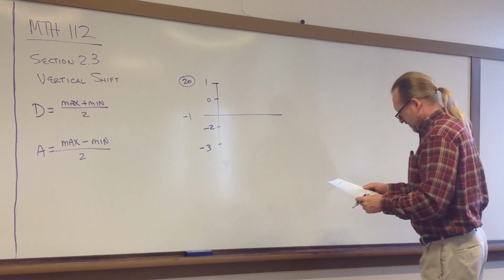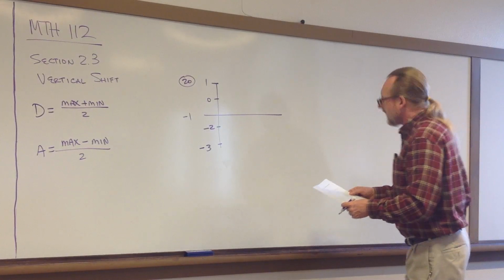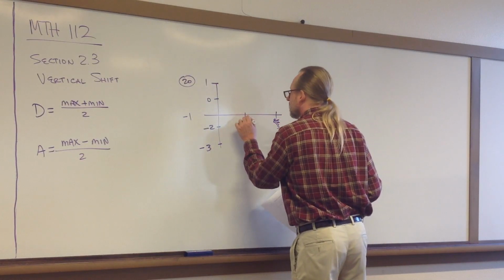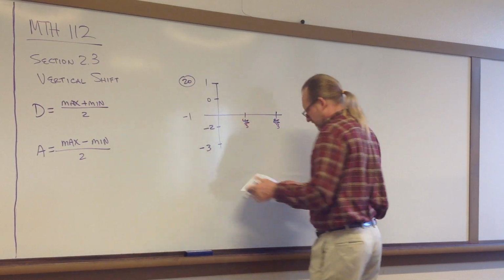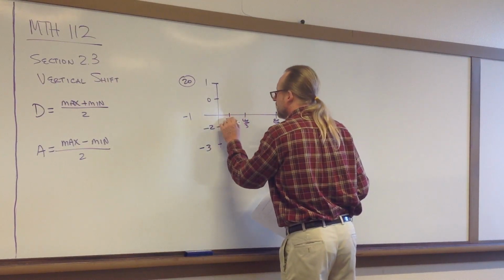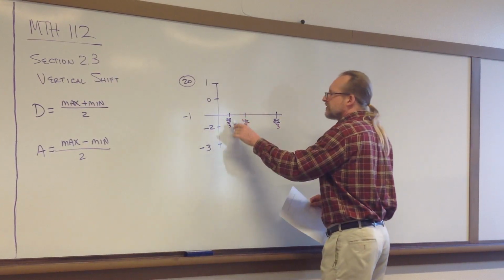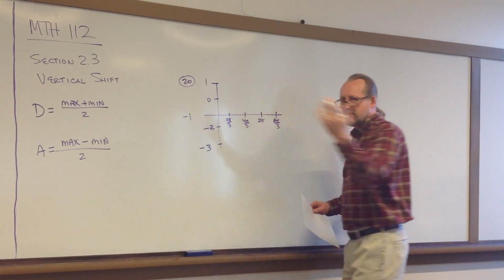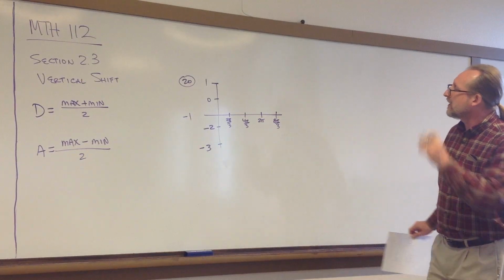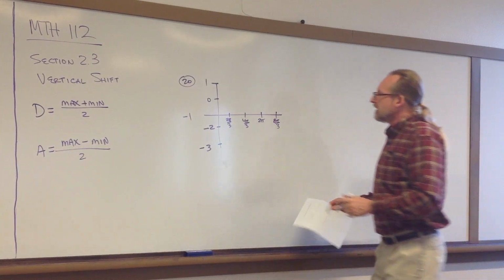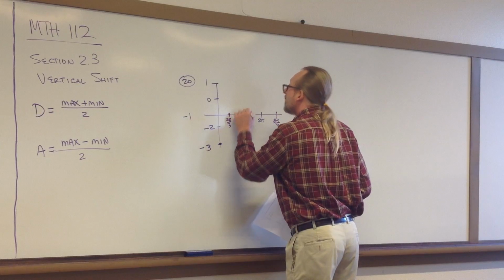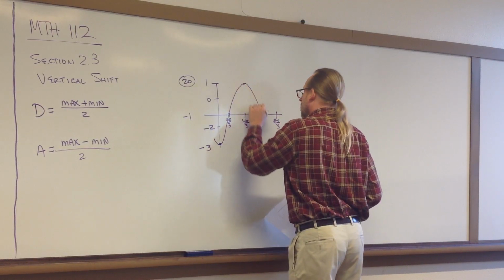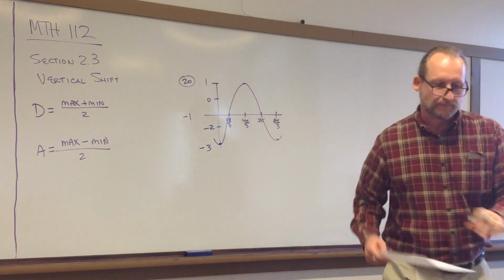Let's see, our period goes out to 8 pi over 3. That means this should be 4 pi over 3, right? Yep. And then that'll be 2 pi over 3, 2 pi over 3, 4 pi over 3, 6 pi over 3 is 2 pi, and then there's our 8 pi over 3. And let's see, this starts down here, goes through the midline, and comes back, something like that.